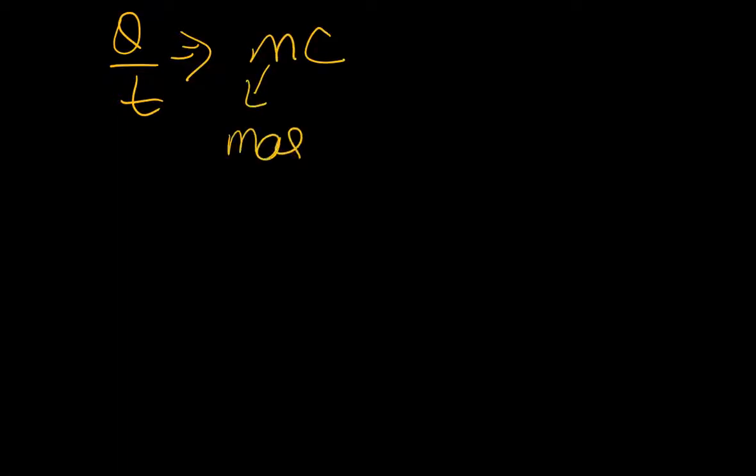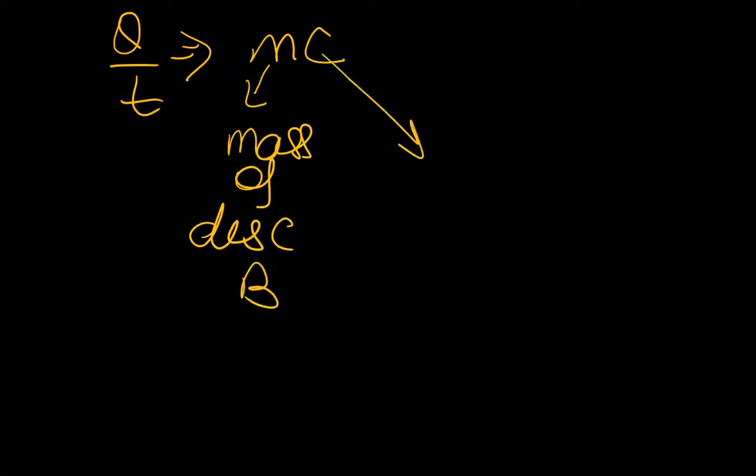So now we are going to say that Q over T is equal to MC. This is the mass of disk B. This is the specific heat capacity of brass.